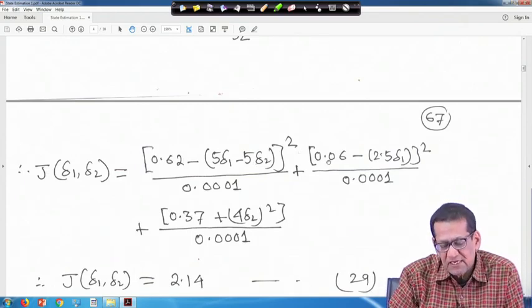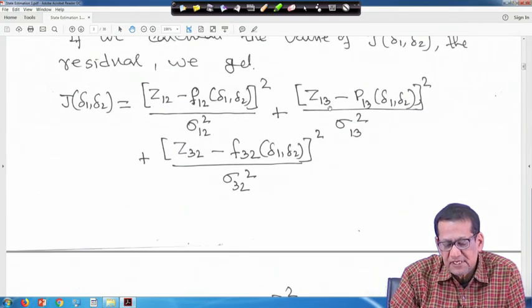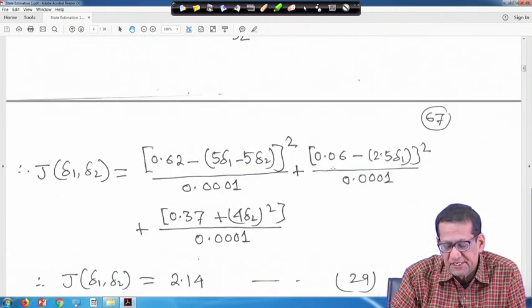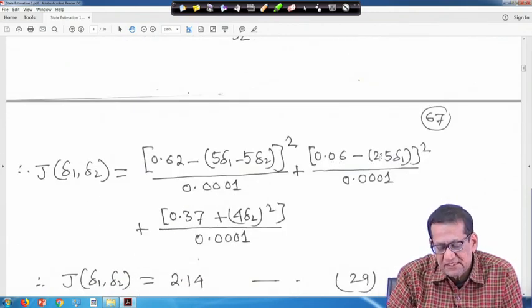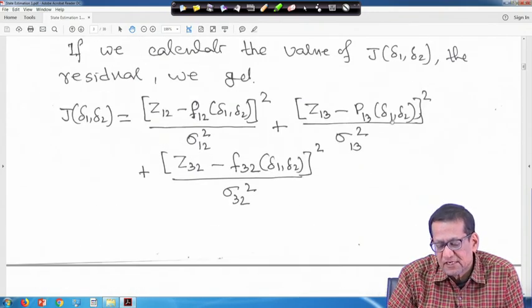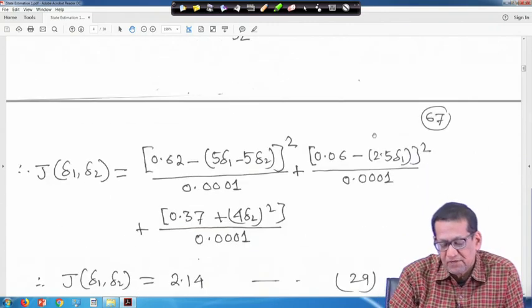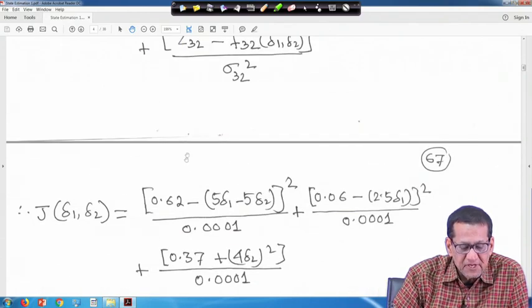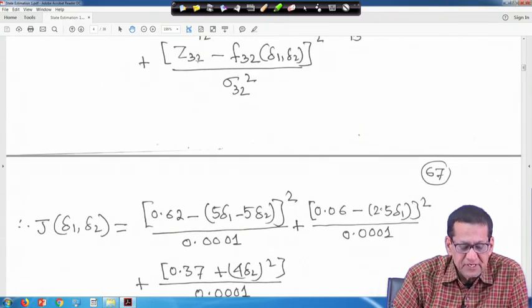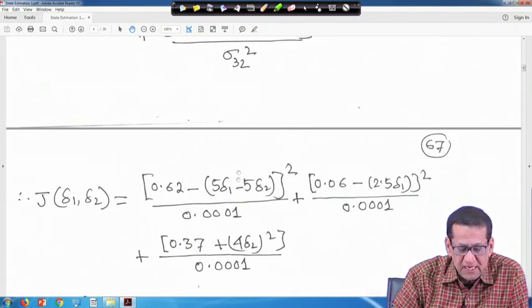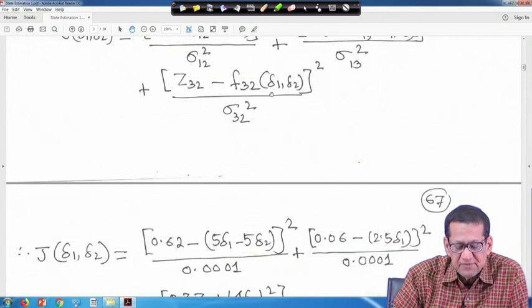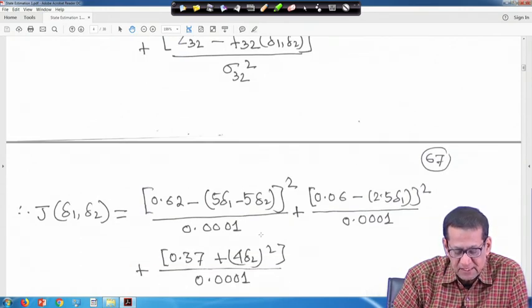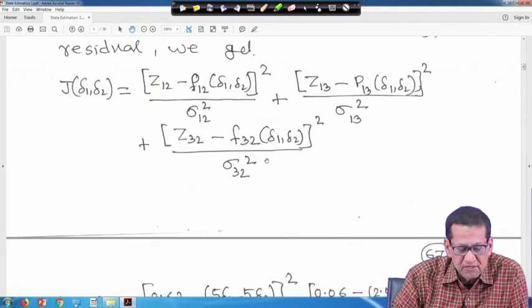This whole thing is squared. Then Z13, the meter reading W13, is 0.06 minus 2.5 delta 1, because P13 is 2.5 delta 1, all squared, plus Z32, which is 0.37, minus F32.